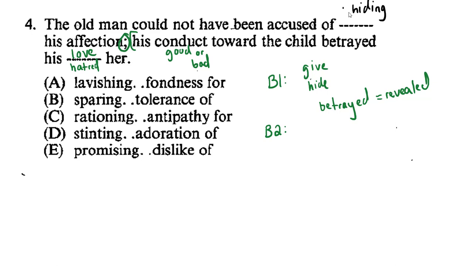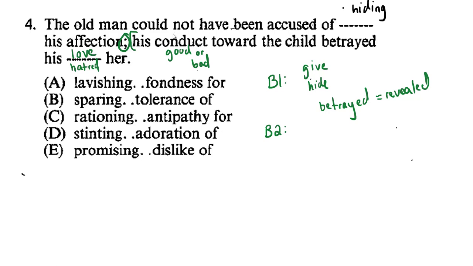If he's hiding his affection, that means I wouldn't be able to know that his conduct toward the child betrayed his love for her. So again, if he's hiding his affection, it's very difficult for me to know for blank number two. I don't know about his conduct because he's hiding it, right?